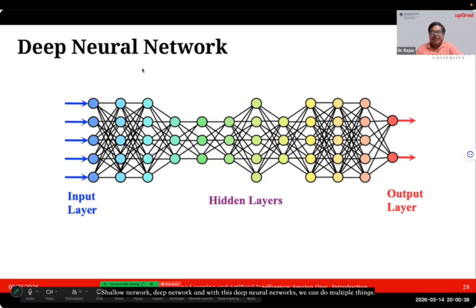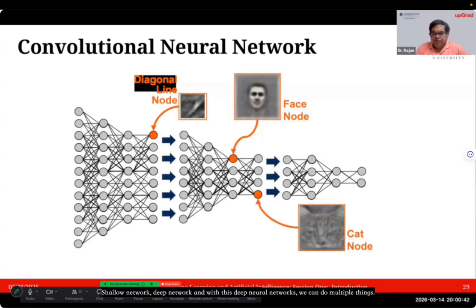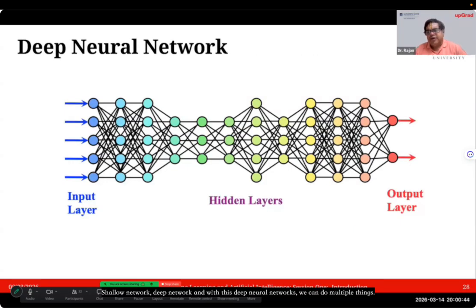Shallow network, deep network. With deep neural networks, we can do multiple things. Now this is very complicated, and the complexity in this problem could be humongous.